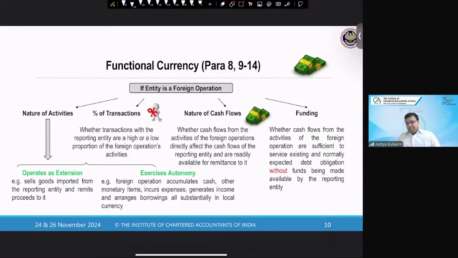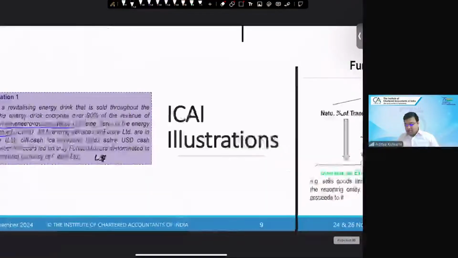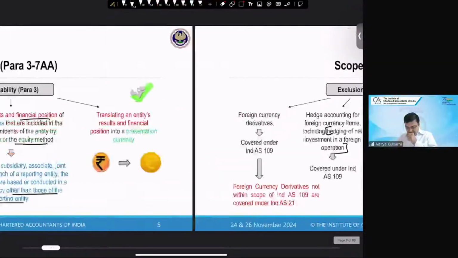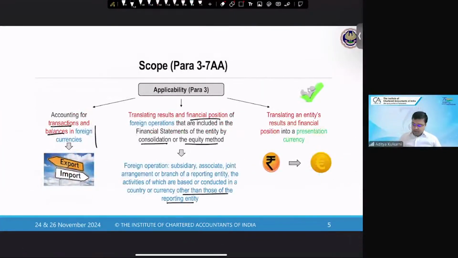Sometimes what can happen is an entity could be a foreign operation. What is a foreign operation? We saw that, right? We saw what is a foreign operation. It could be a subsidiary, associate, joint arrangement, or branch of a reporting entity. Okay. It could be any of these things.